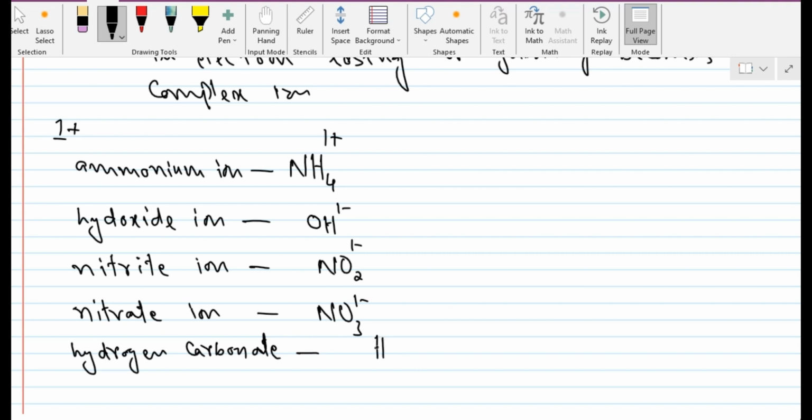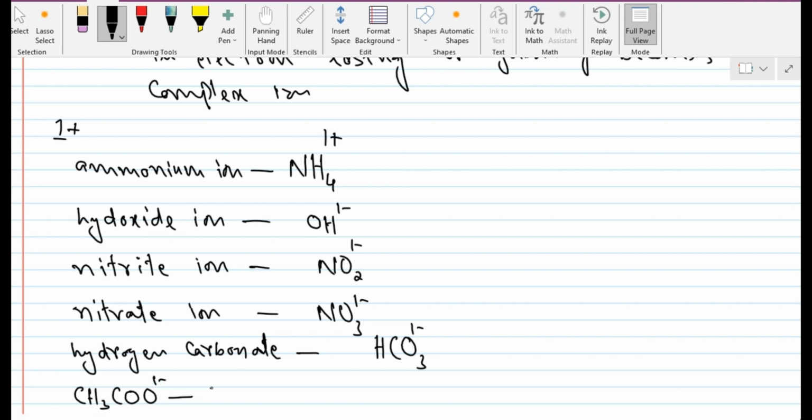The formula is HCO3, 1 negative. Remember, there are many, but if you focus only on these, you will be okay with formula making. Then acetate, CH3COO, 1 negative.